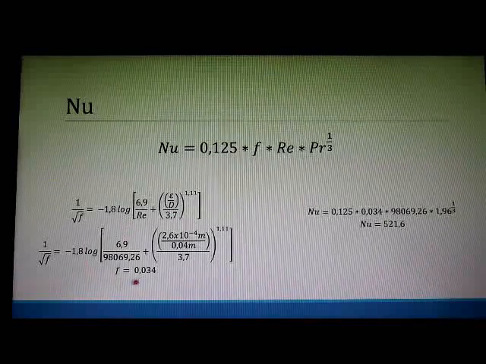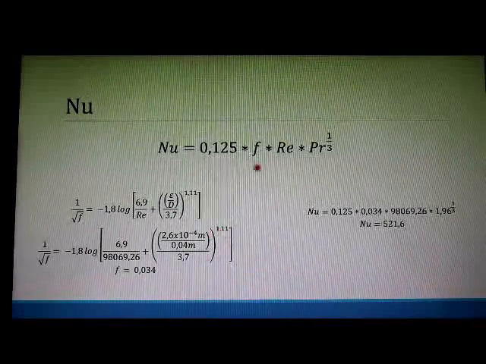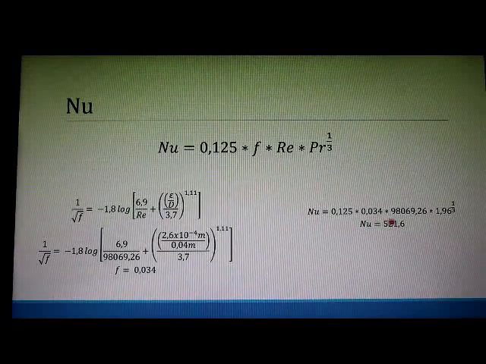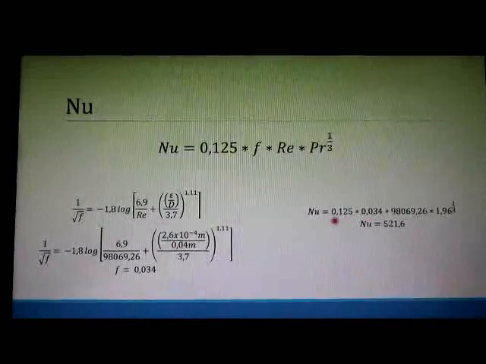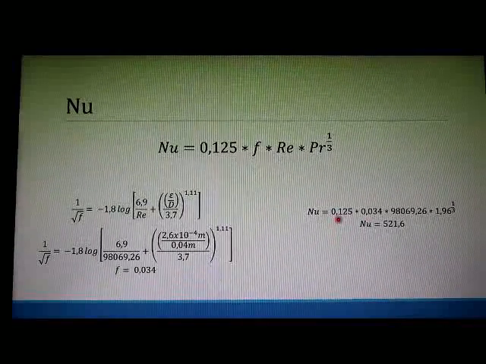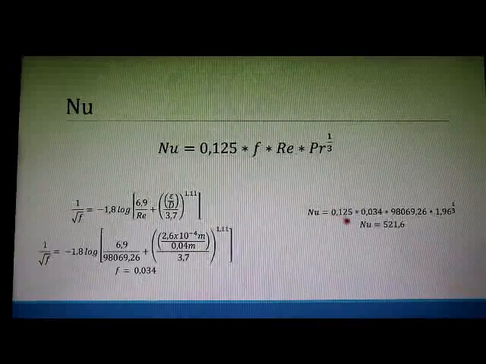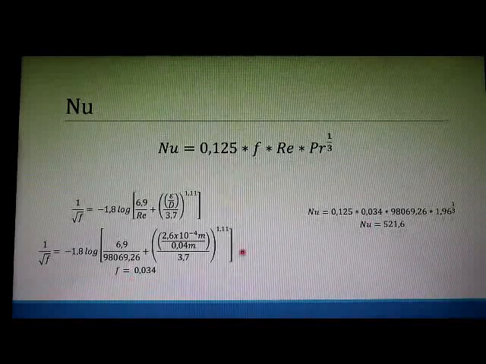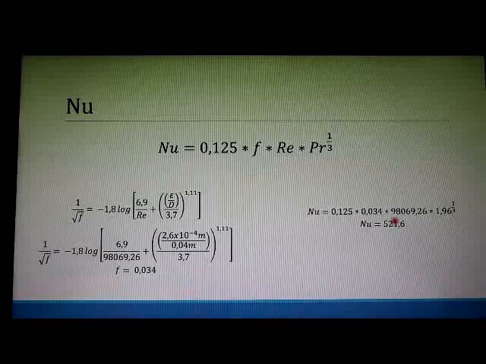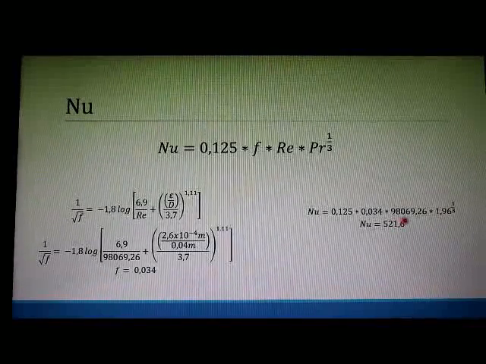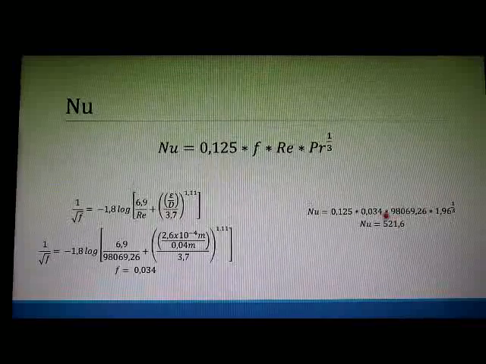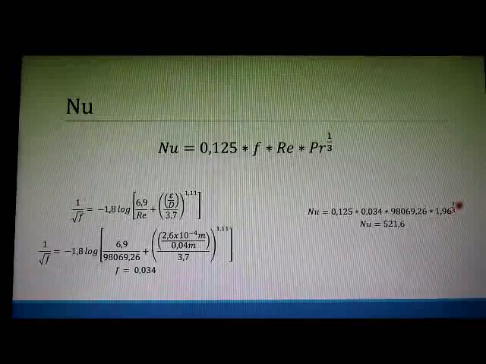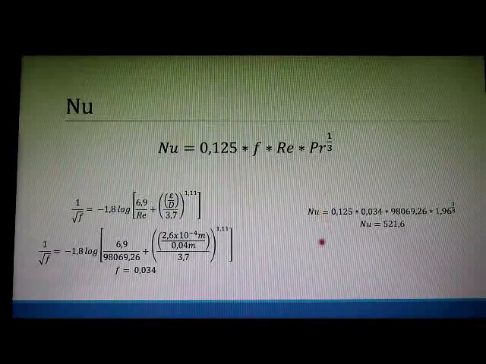And when we find the friction coefficient, we can replace it in the Nusselt equation that we see here. We have 0.125 times 0.034, that is the friction, times 98,069.36, that is our Reynolds that we already found, and 1.96 to the 1 divided by 3, that is our Prandtl.